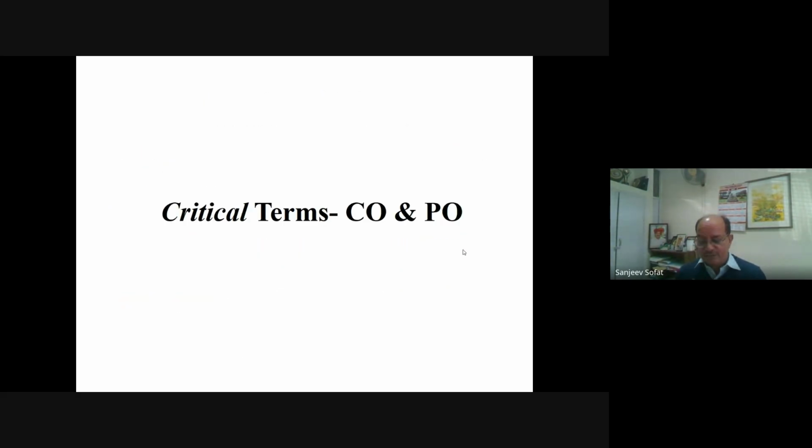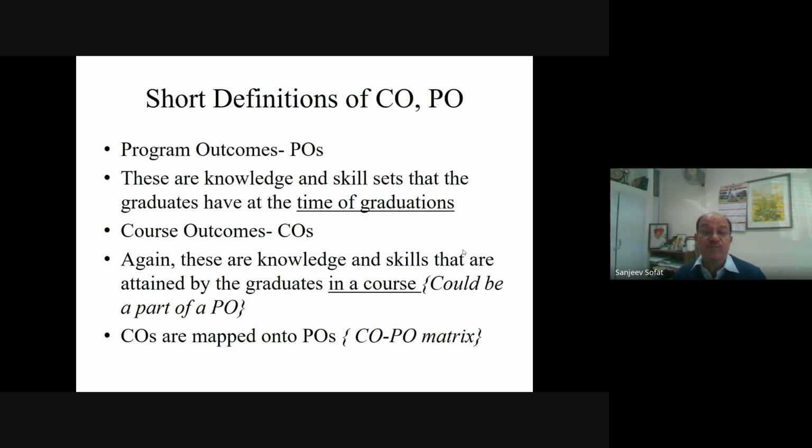Now, if I look, there are certain critical terms. One we say is course outcome, and the other is program outcome. Maybe somebody might have talked to you; I'll just repeat. A program outcome, the POs, is a very famous terminology. These are the knowledge and skill that the graduate has at the time of graduation, because these two things are measurable.